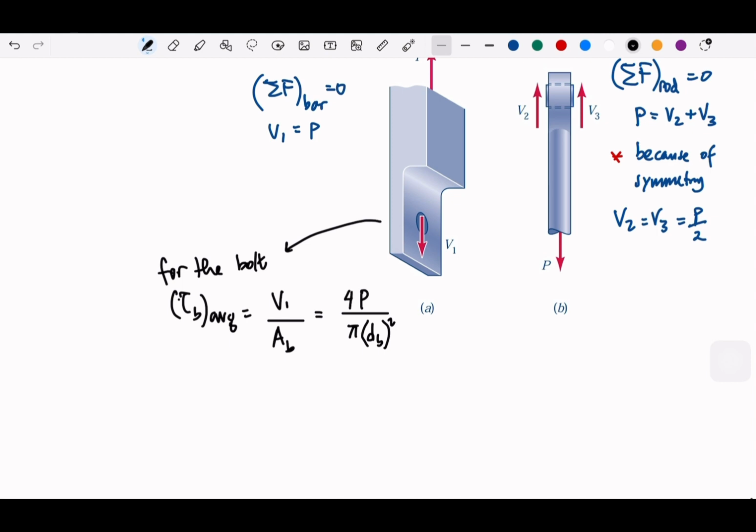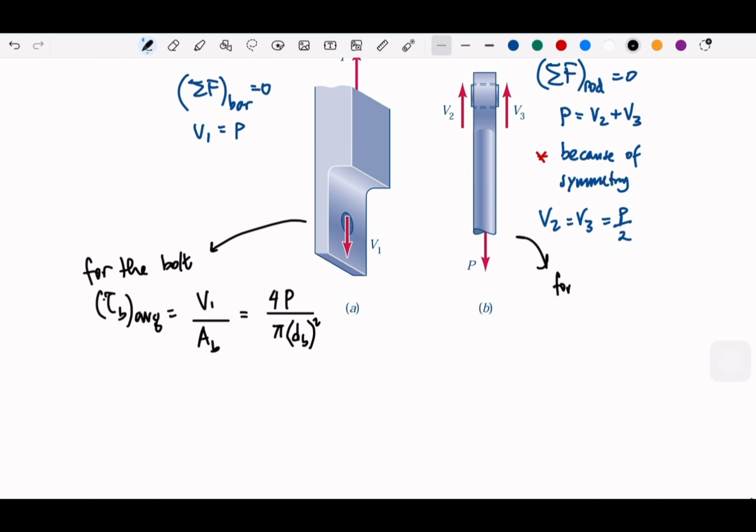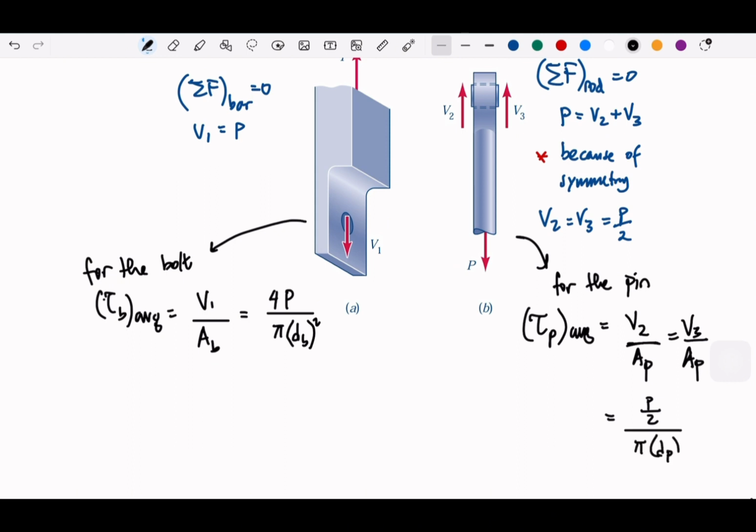Okay. Same thing for the pin. The stress will be V2 or V3 over A_P. We can simplify V2 or V3 with P over 2. So P over 2, and this is pi d_P squared over 4.